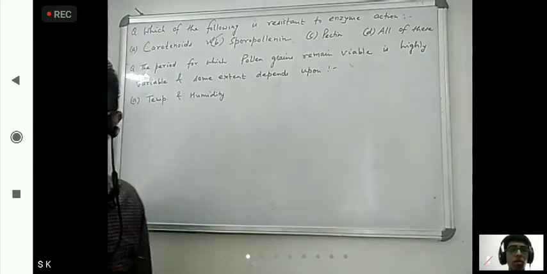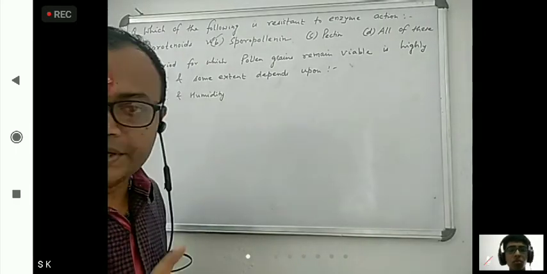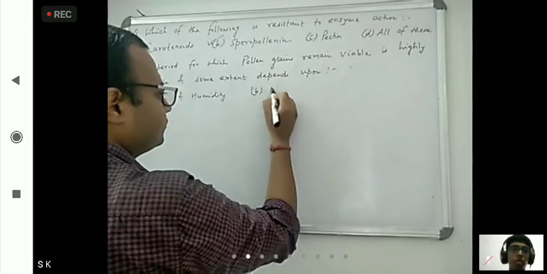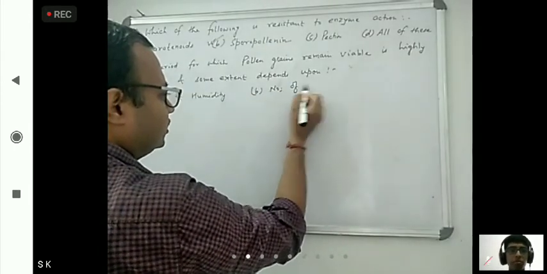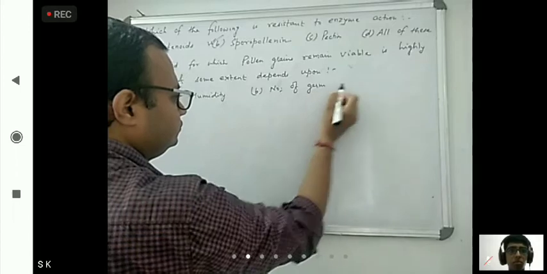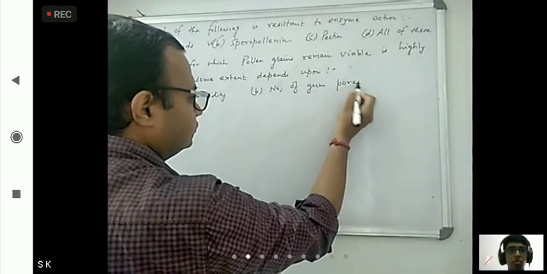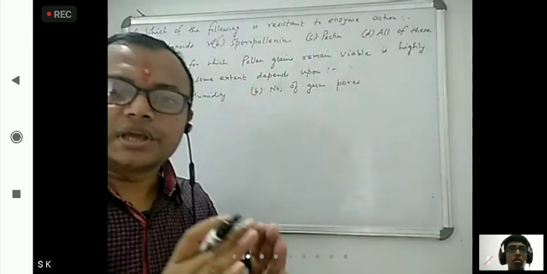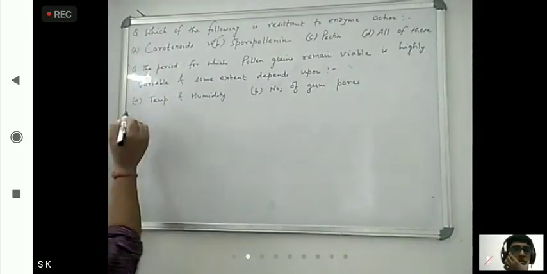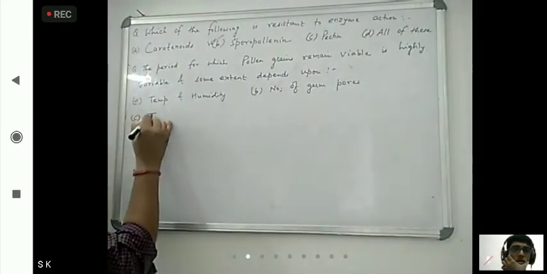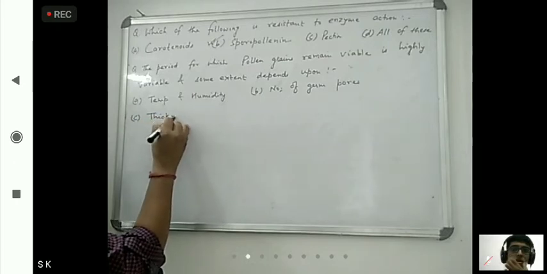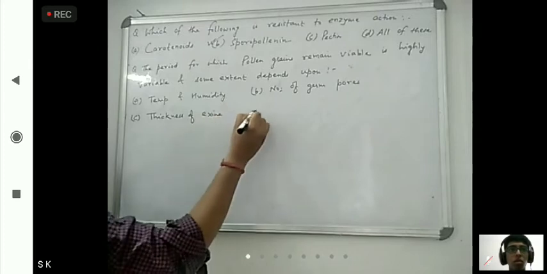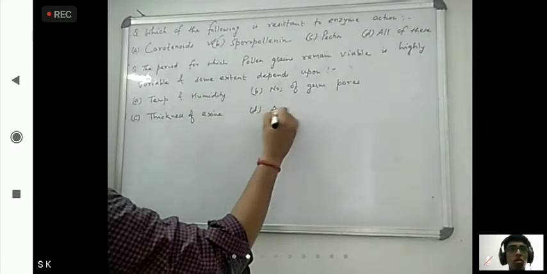Second option, number of germ pores. Third option, thickness of exine, and at last is all of these.